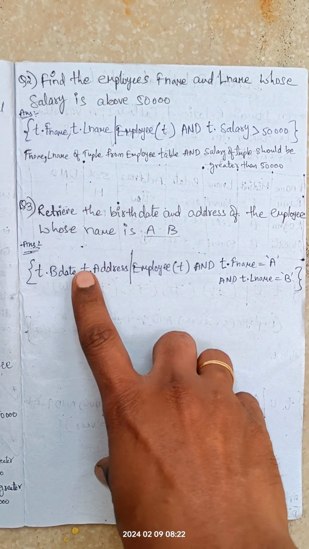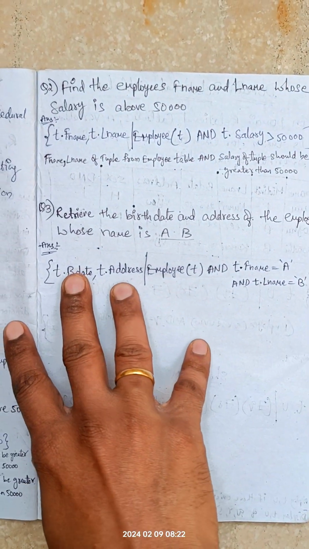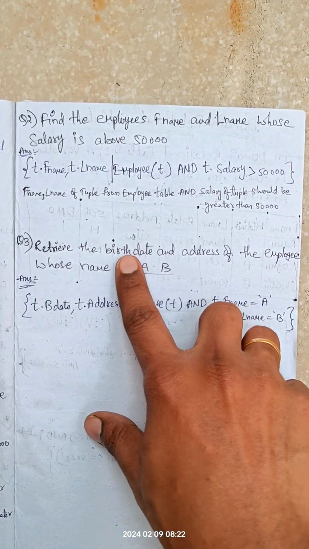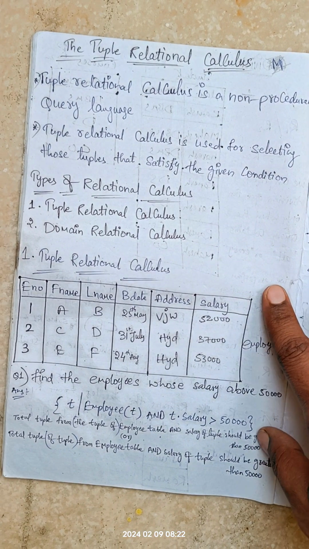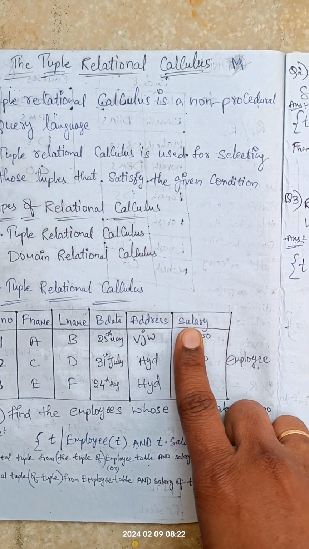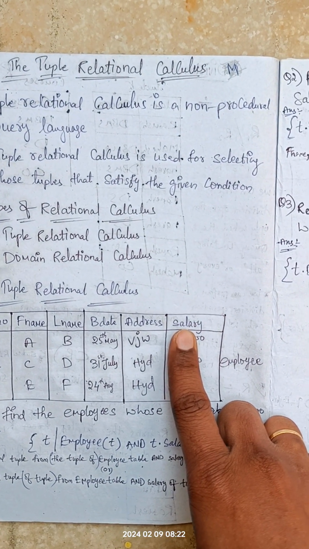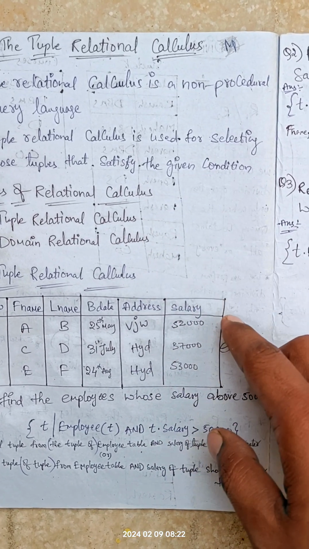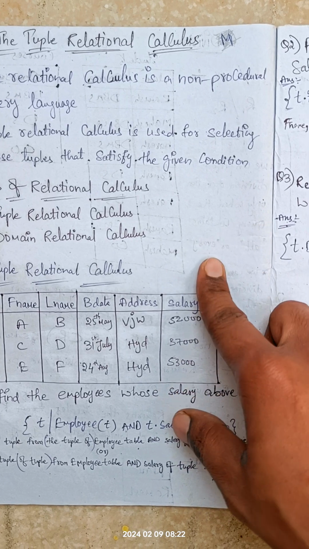We want birth date of the tuple. In the question they asked for birth date and address. Suppose you want salary, then how will you write? If I want salary, I'll write T dot salary such that tuple of employee, like that.